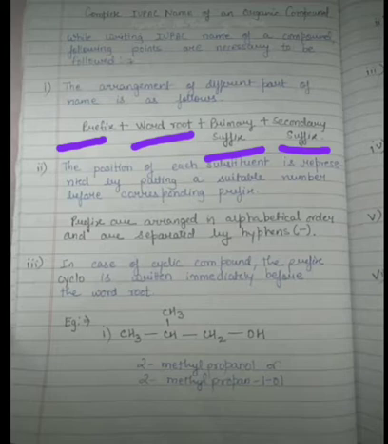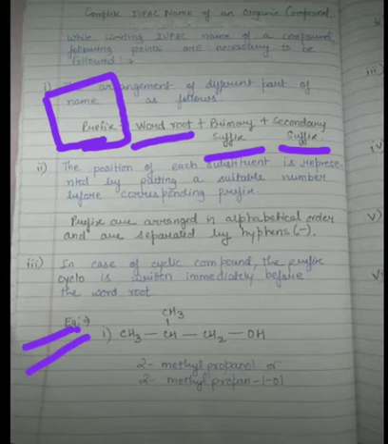Here is the example given, you can look here. Here is the compound CH3 CH CH2 OH and CH2 CH3. In this compound, students, for the prefix I have earlier told you that the substituent will be taken. Here you can see the substituent, that is this methyl group.